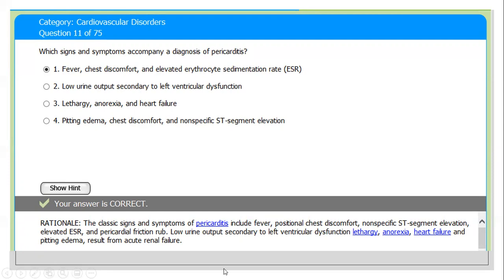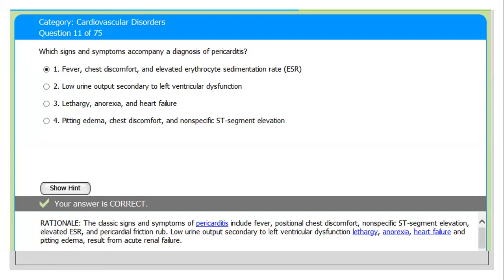Low urine output secondary to left ventricular dysfunction, lethargy, anorexia, heart failure, and pitting edema result from acute renal failure, kidney failure. If you ask me how we diagnose pericarditis, your provider may recommend one or more diagnostic tests or procedures as part of an evaluation.